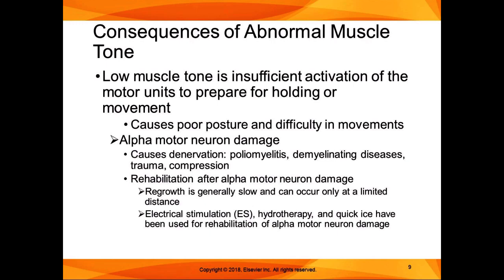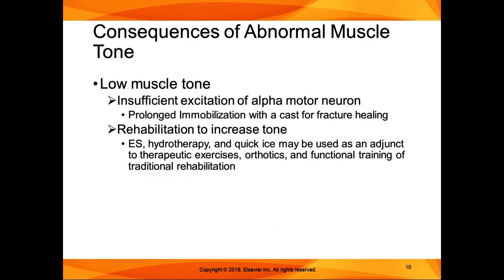But you can address low muscle tone with electrical stimulation, hydrotherapy, quick ice, which is a cold treatment. You can use that to rehabilitate alpha motor neuron damage. So that's the main focus for this class: what physical agents can we use to address tone abnormalities.